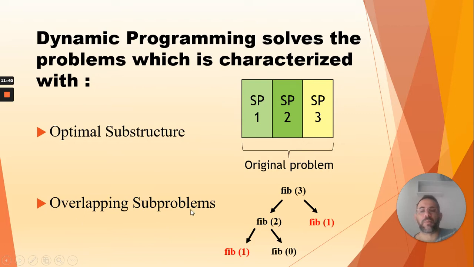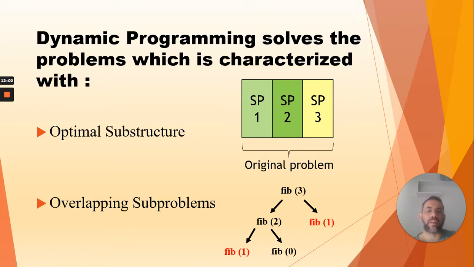The overlapping sub-problem, we can explain it by this example of Fibonacci. As we see here, here is Fibonacci 1 and Fibonacci 1 on every side.